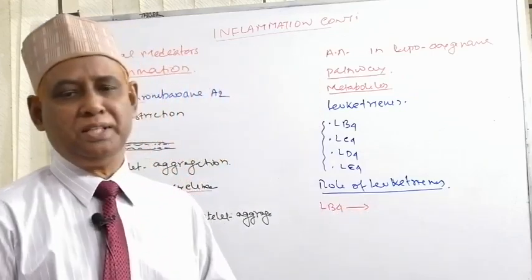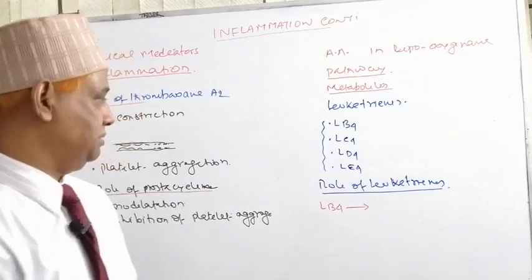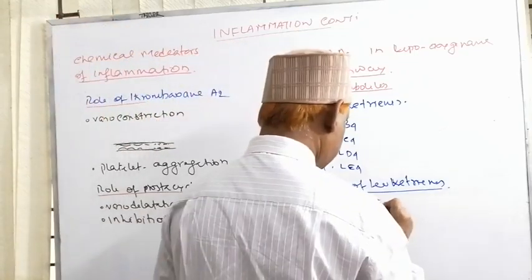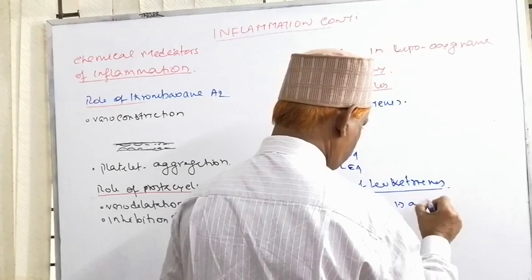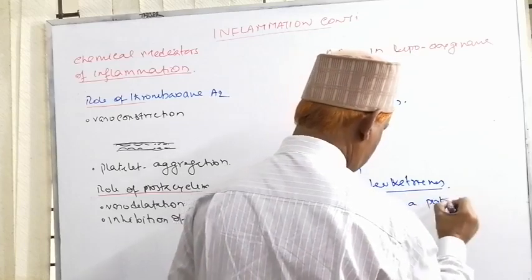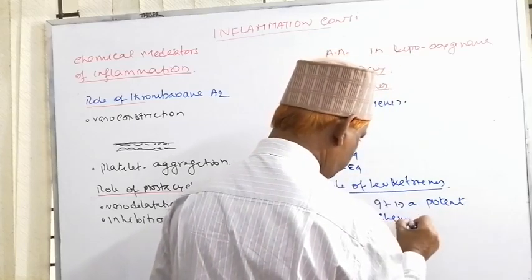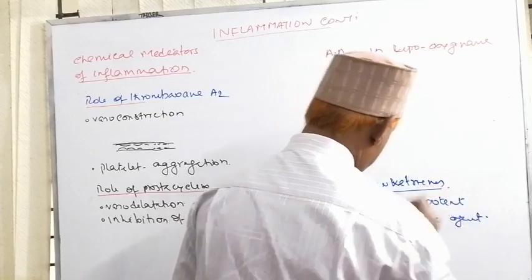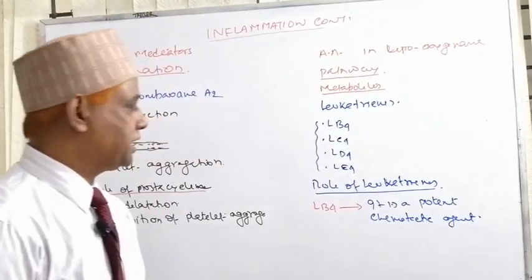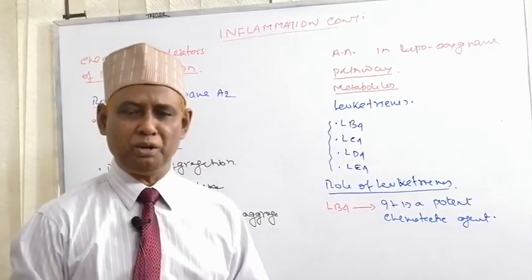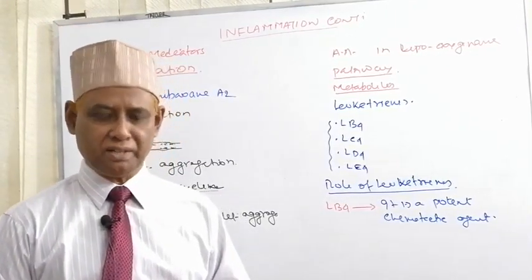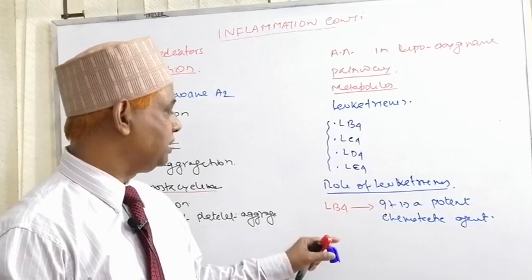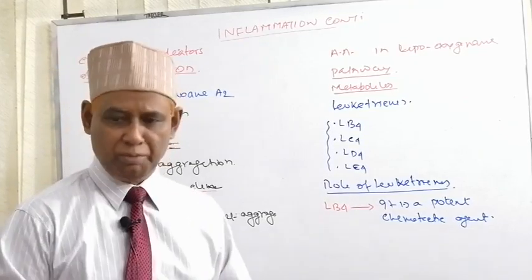Leukotriene B4 is a potent chemotactic agent. Respected audience, you know chemotaxis is the unidirectional movement of leukocytes towards an attractant. An important or very potent attractant is leukotriene B4.